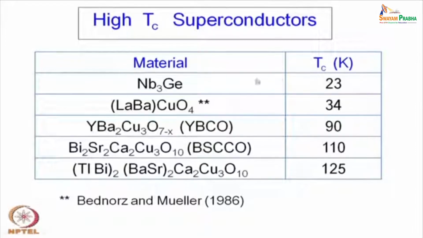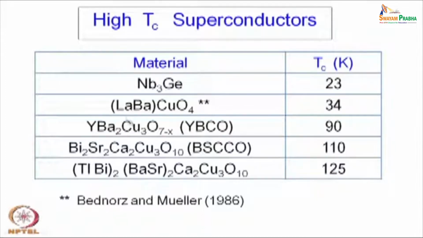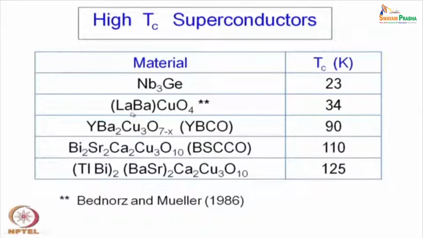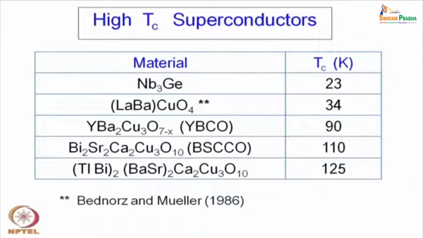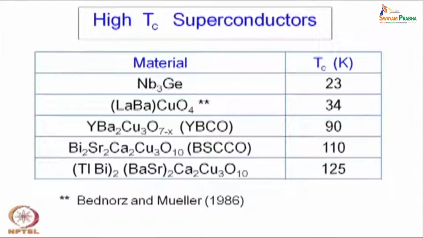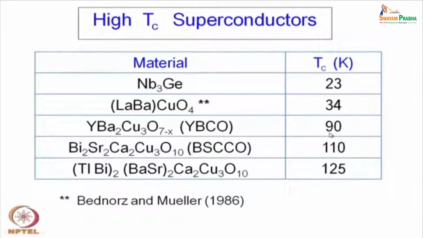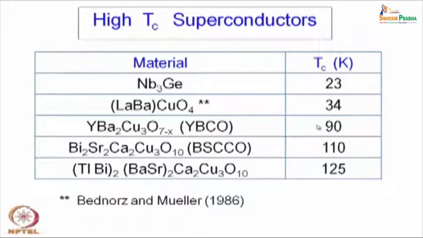Now, within a few months, in fact, in the same family of oxides where lanthanum was replaced by yttrium, there was immediately a big jump in superconducting critical temperature from 34 K to about 90.